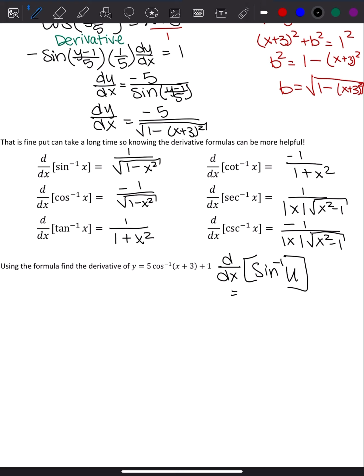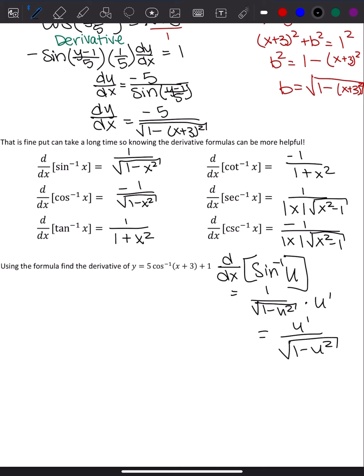Instead of an x squared, I have a u squared, so 1 over the square root of 1 minus u squared. But with chain rule, we take the derivative of the outside and multiply by the derivative of the inside, so I multiply by u prime. I can also just write it as u prime divided by the square root of 1 minus u squared.